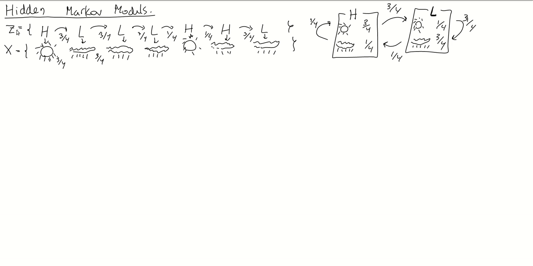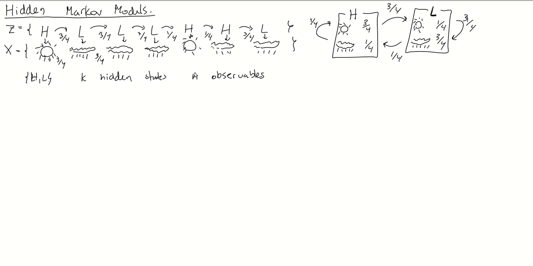So in this example, I had two different hidden states. Each of my hidden states was taken from the set of high pressure and low pressure. So I might generalize this and say you can have k hidden states, and instead of having 7 observables, I might have n observables and corresponding n hidden states.